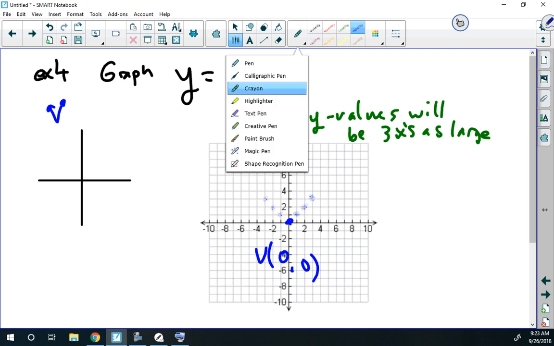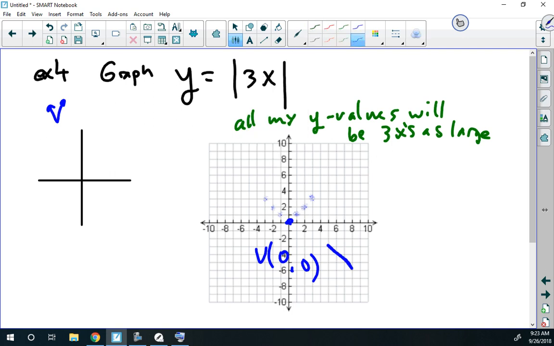So when I look at this point in particular, this point would have been the point 1, 1. But what happens is I'm tripling that 1. So that's really going to be the point 1, 3. Does that make sense?